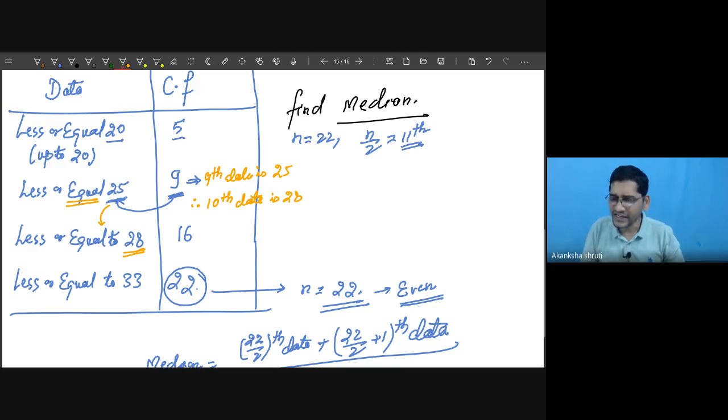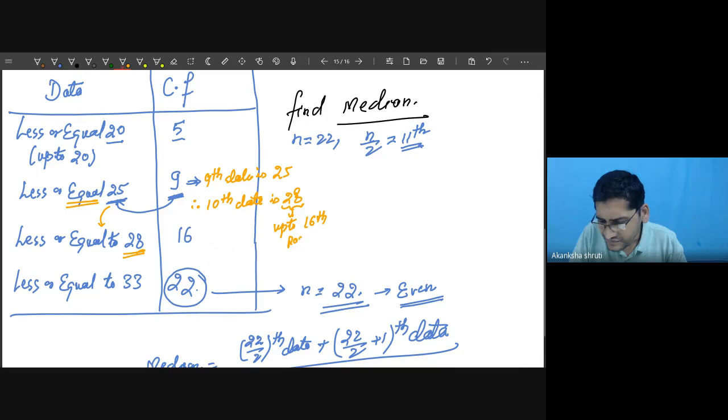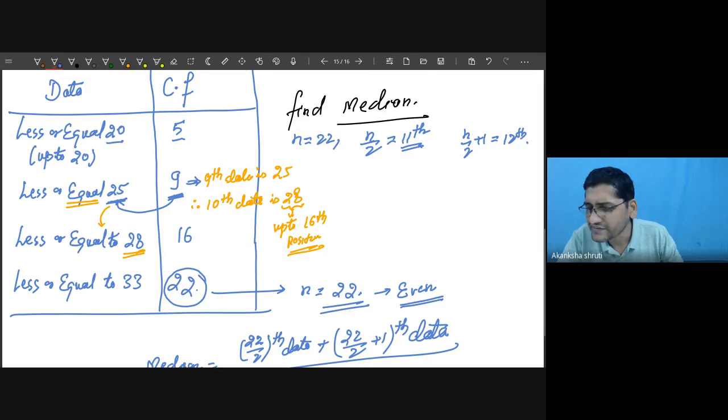Surely it will go to the next one. So this 28 is up to which position? The 16th position. But which data do we need here? We need only the 11th, and n by 2 plus 1, which is the 12th data.